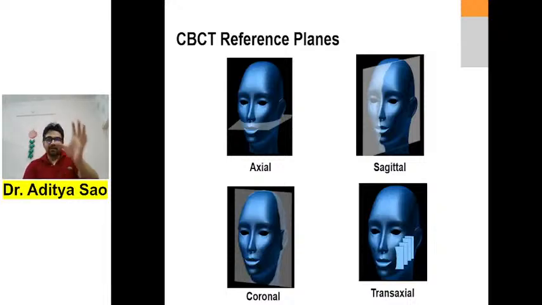Basically, there is so much data and you just want to see the area of one particular molar. That will be the transaxial section. We will study only that section because that is of interest to us. That does not happen in CT, that happens in CBCT.